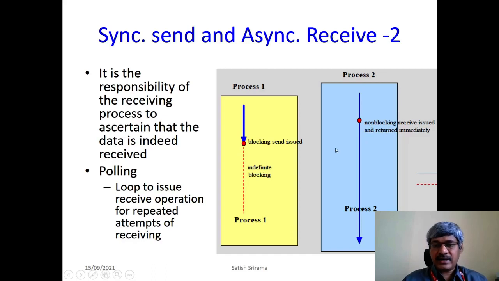So no data is read. Since no data is read by any process, the process is no more waiting for that receive, so the data is actually lost. Nobody is informing process 1 whether it has received the data or not. So process 1 ends up with indefinite blocking.